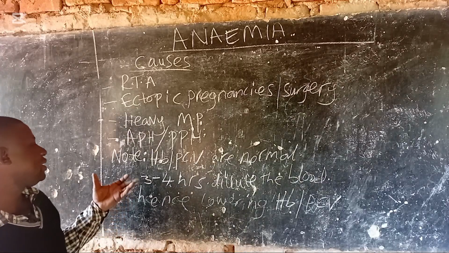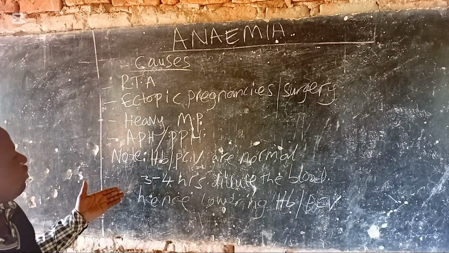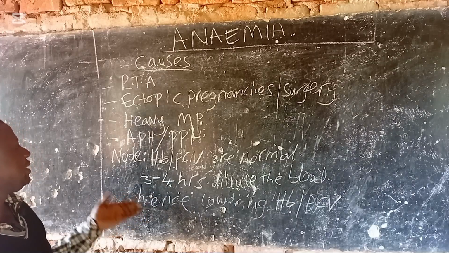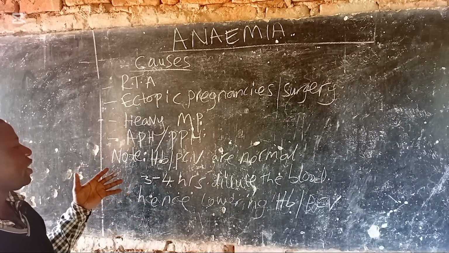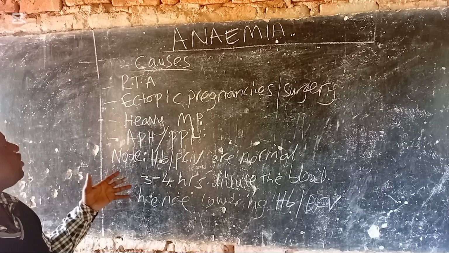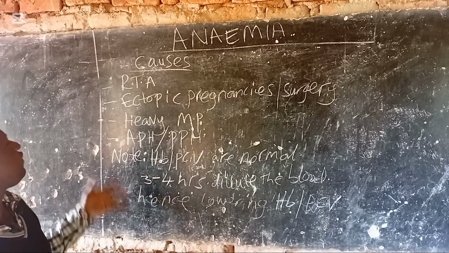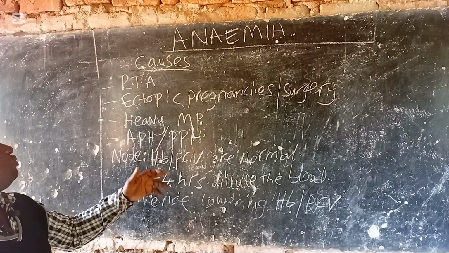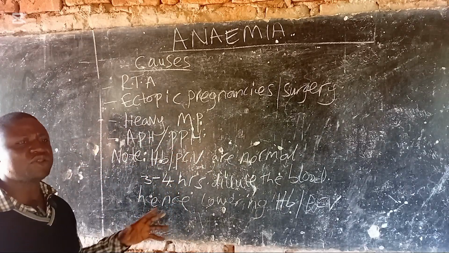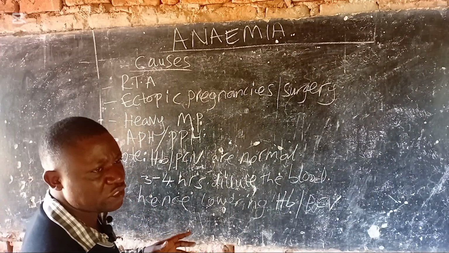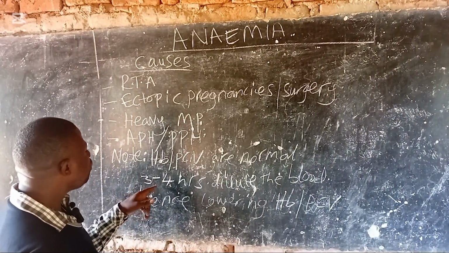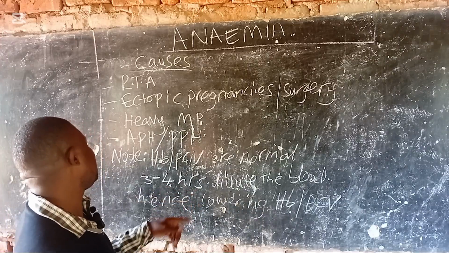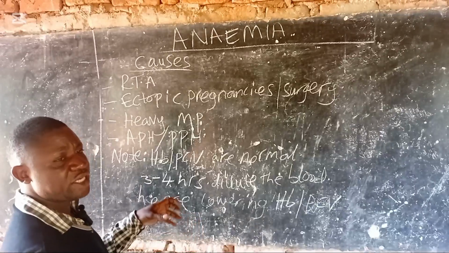So you can take this HB immediately once the patient arrives at the facility, but make sure that with this type of anemia, if somebody has just got an accident or surgery, or heavy menstruation period has attacked the person, or APH or PPH has come, those of you who are working in the maternity ward, make sure that you also do a test after some time, like 3 to 4 hours, to make sure that you get the real picture.